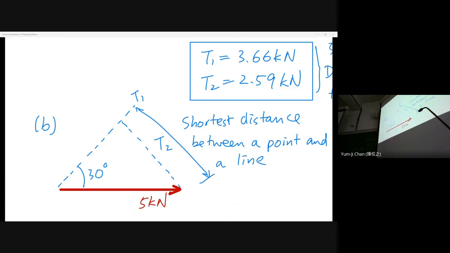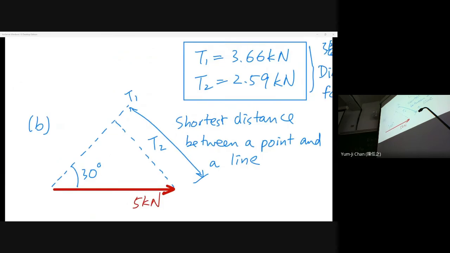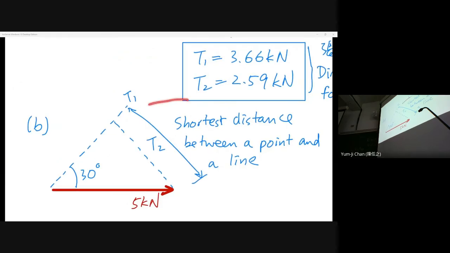Now, what do we have? For example, I drew a circle here, and then it touches T1 here. So what's the angle between T1 and T2? They have 90 degrees, or a right angle.